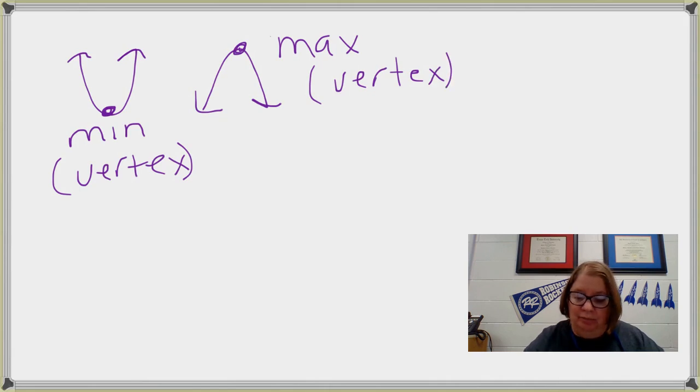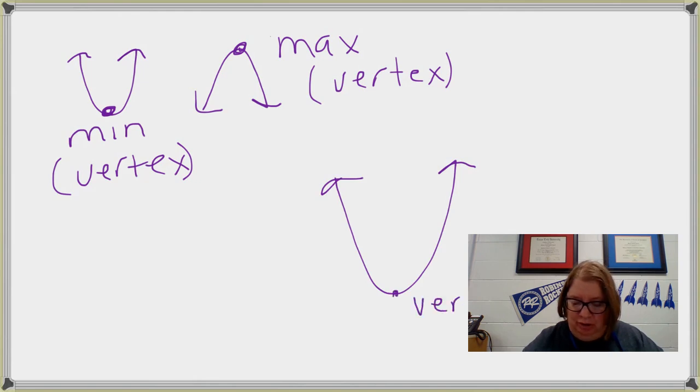Okay, let's talk about the parts of a parabola. We have the vertex, which is the turning point. We have the axis of symmetry that divides that parabola into 2 equal parts, shown with a dotted line.